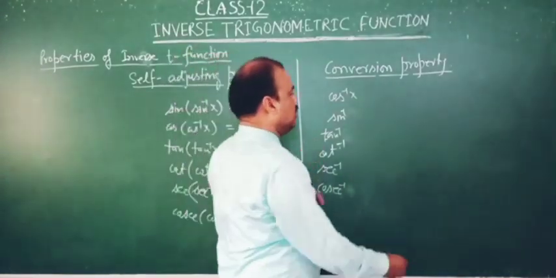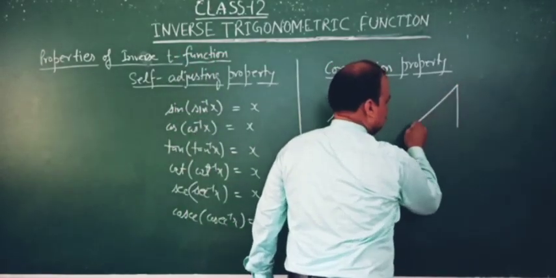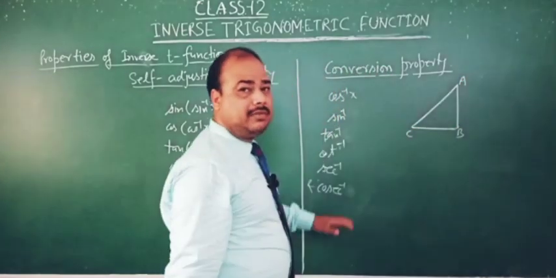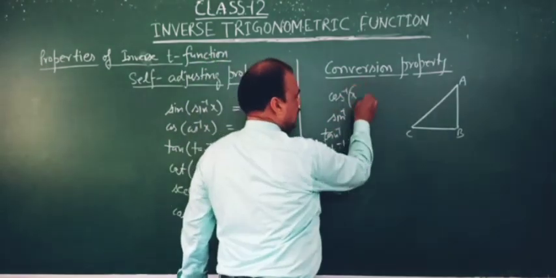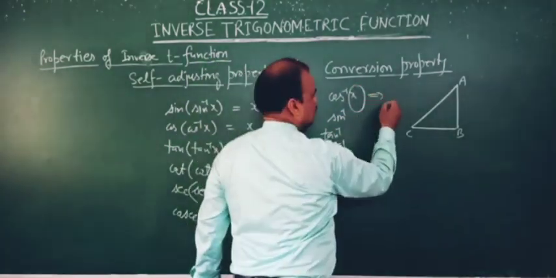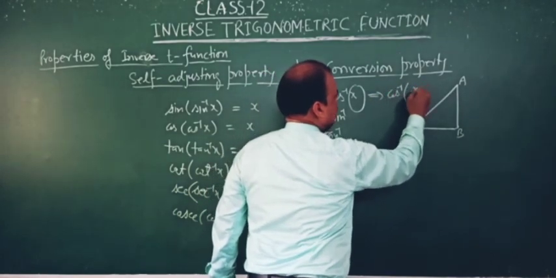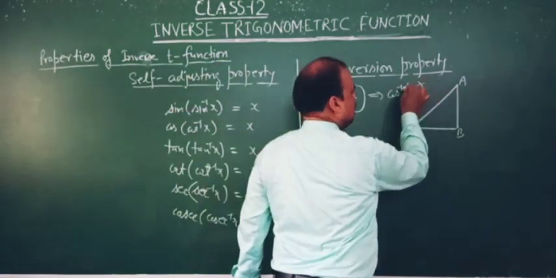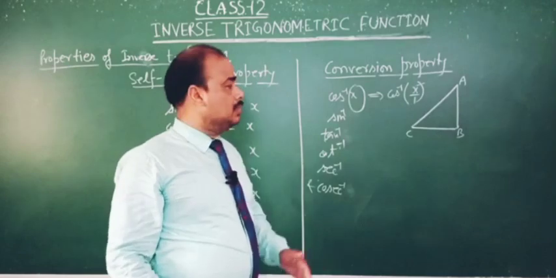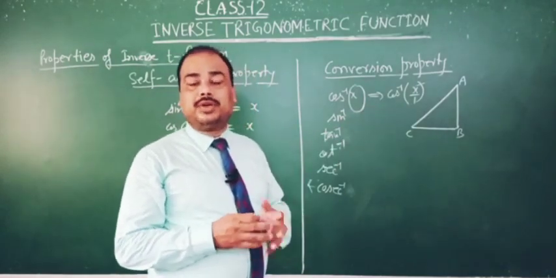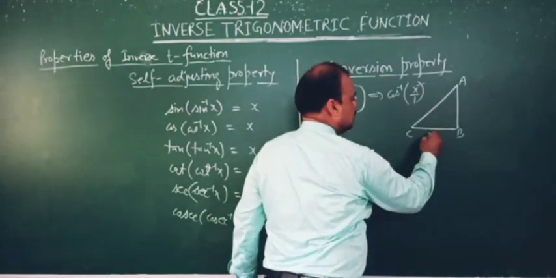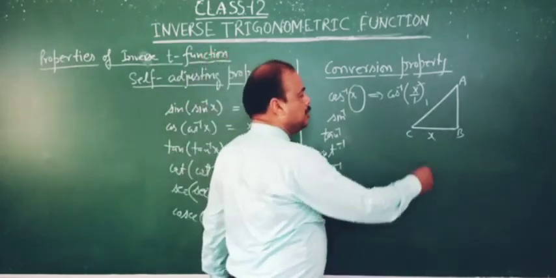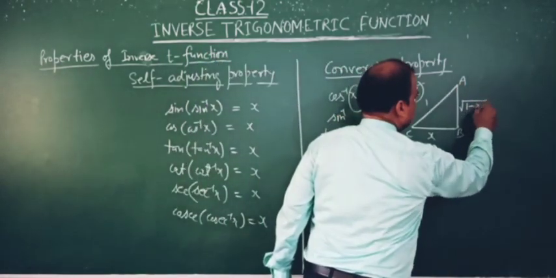First of all, we have to draw a right angle triangle ABC. Cos inverse x, here x is written as x upon 1. Cos is the ratio of base and hypotenuse. It means x is the base and 1 is the hypotenuse. By using Pythagoras theorem, perpendicular will be root 1 minus x square.